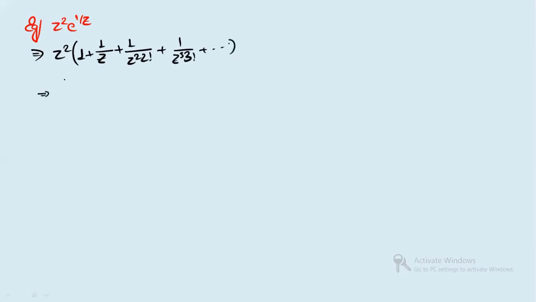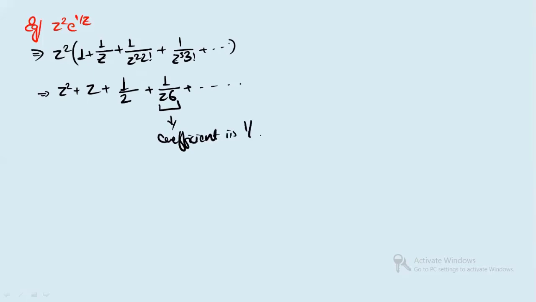If you multiply by z², you get z² + z + 1/2 + 1/(6z) and so on. Here, this is the coefficient of 1/z, that is, 1/6. Therefore the residue will be 1/6. Clear? So this is how you can calculate the residue using the definition.